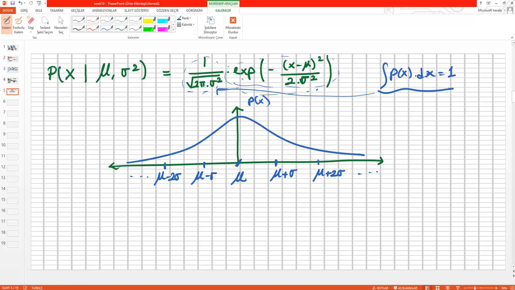That's the whole condition to generate the normal distribution in your applications. This is called the probability density function.